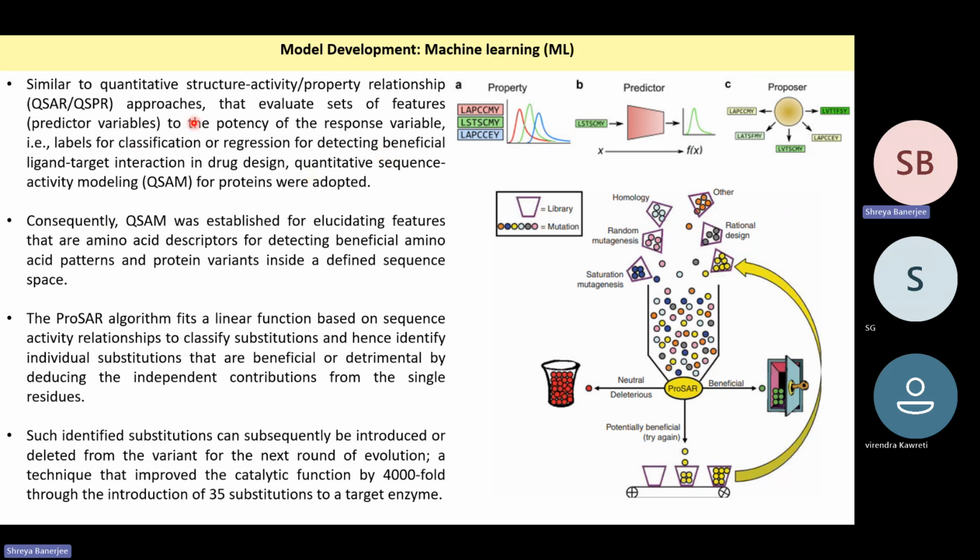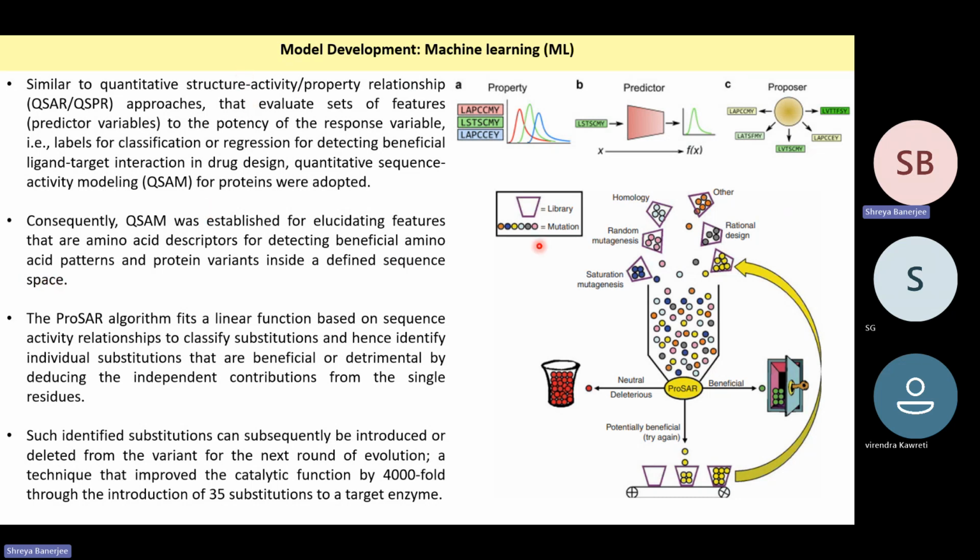So what was established in machine learning is sequence activity modeling, that is QSAM. This sequence activity modeling was established to elucidate features that are amino acid descriptors for detecting beneficial amino acid patterns and protein variants inside a defined sequence space.